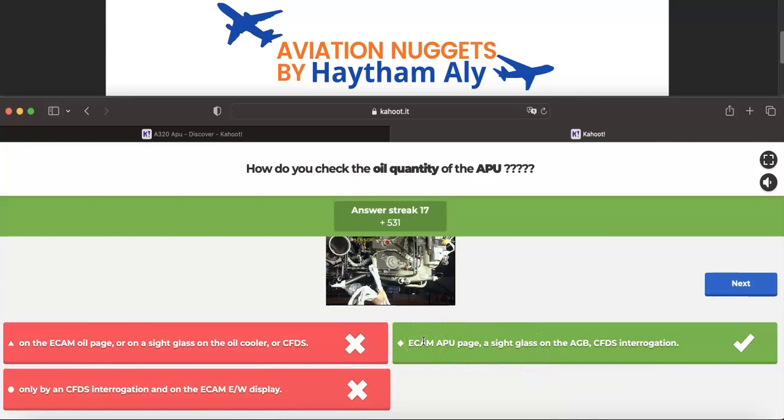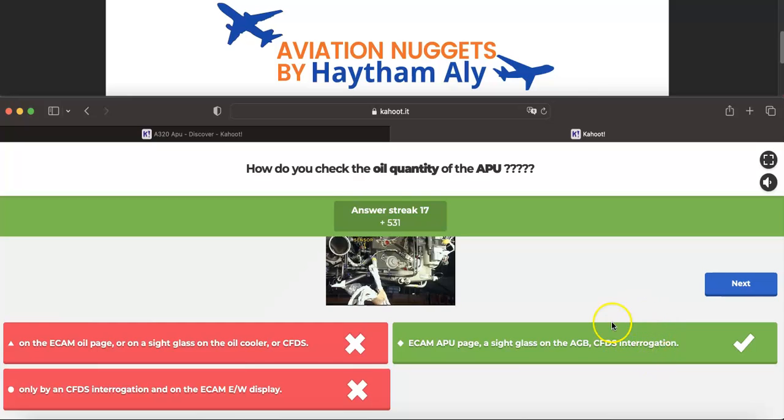You can check the oil quantity of the APU on the ECAM APU page, because a reminder of low oil level may come on the ECAM. And there is a side glass on the accessory gearbox of the APU. You can check the oil quantity from the APU compartment, and also by centralized fault display system interrogation through the MCDU.